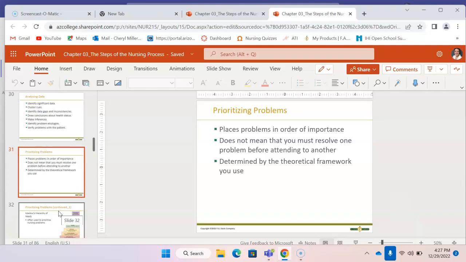Okay? So, it does not mean you need to resolve one problem before attending to another. You could be doing multiple things, but it is determined by the theoretical framework that you use. So, in the case of an asthmatic, telling them to avoid the pool is not first priority. That's discharge instructions.